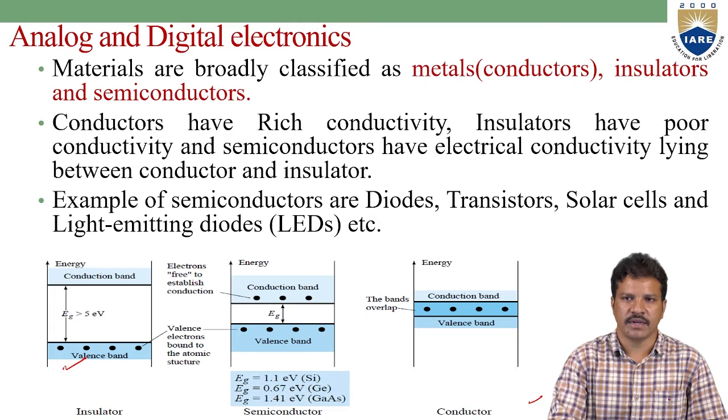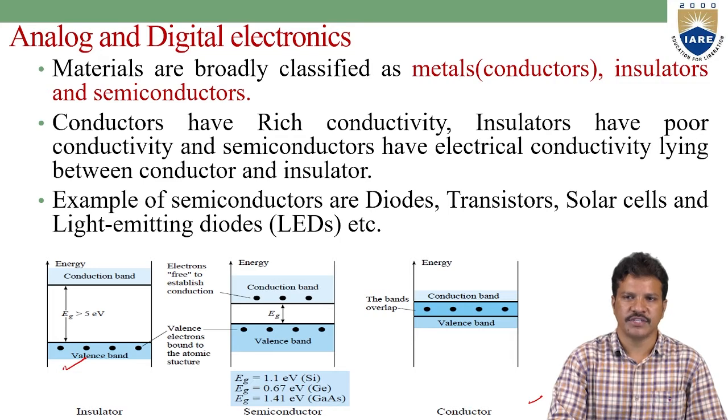Coming to semiconductors, there is a small energy gap between the valency band and the conduction band. For example, the energy gap for silicon is 1.1 electron volts, and for germanium 0.67 electron volts at room temperature.